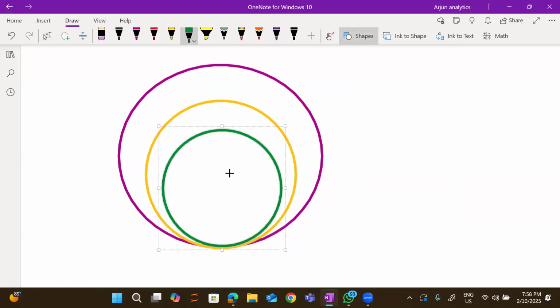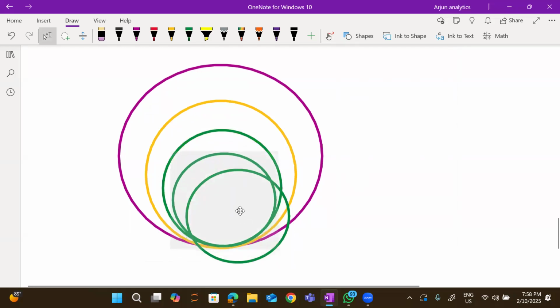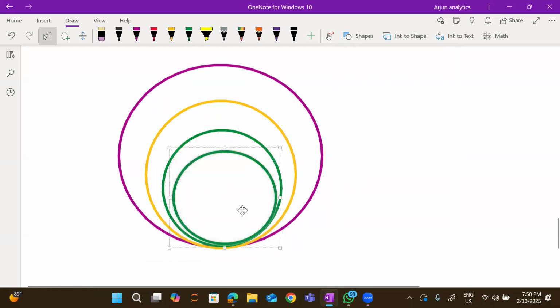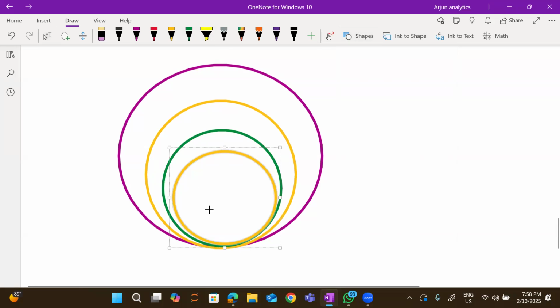Now, this is my generative AI. Inside the generative AI, we are having the agentic AI.